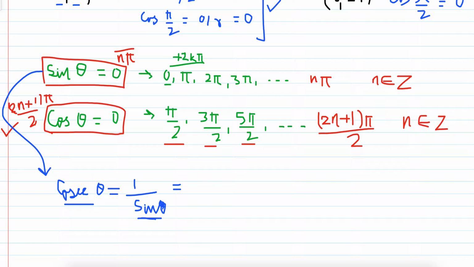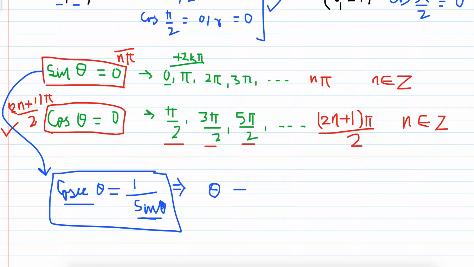So here the condition is that theta should not be equal to n pi. All the values of theta where this denominator, sine theta, becomes 0 should be excluded.